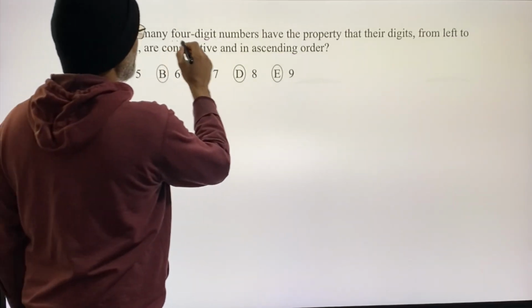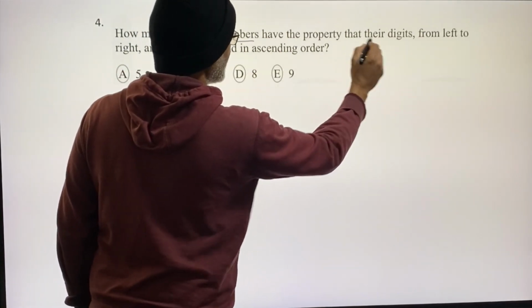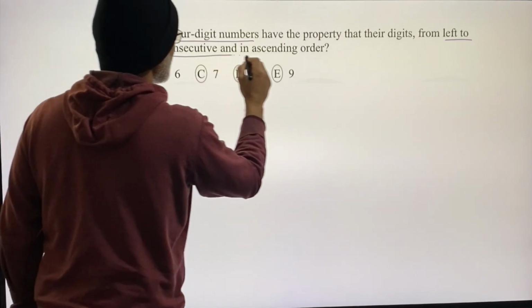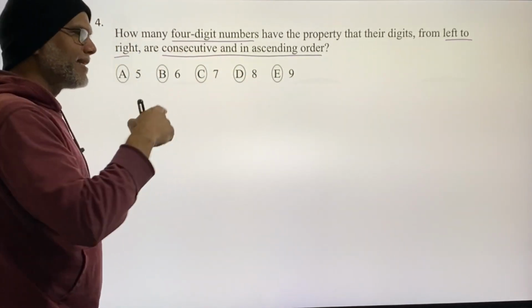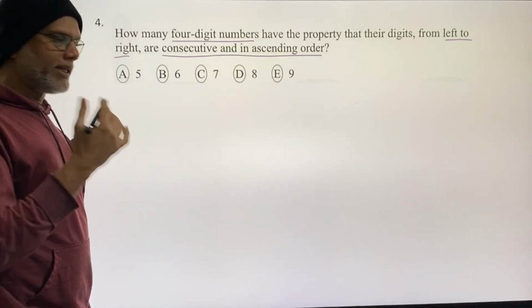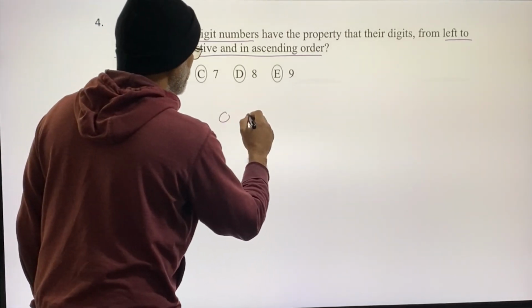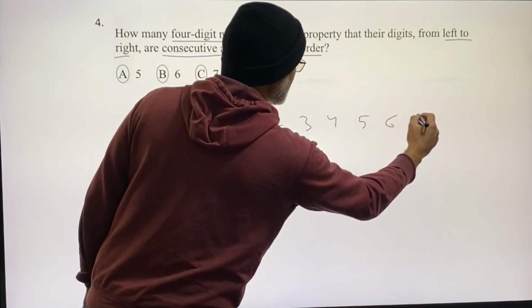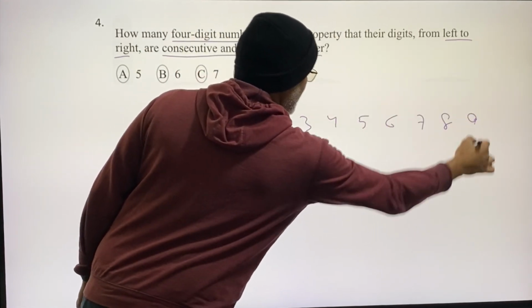How many 4-digit numbers have the property that their digits from left to right are consecutive and in ascending order? Ascending means increasing, right? So let me write down the different possible 1-digit numbers: 0, 1, 2, 3, 4, 5, 6, 7, 8, and 9.